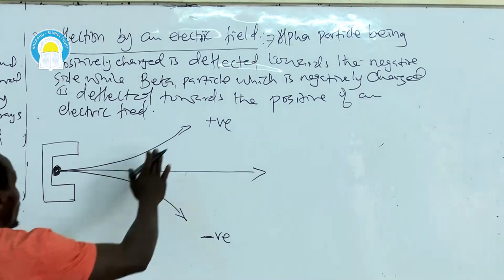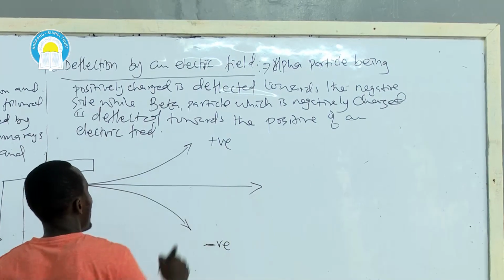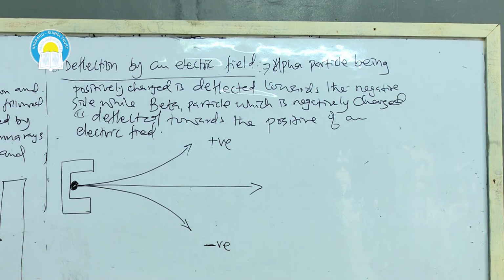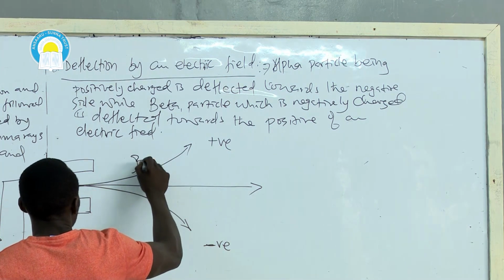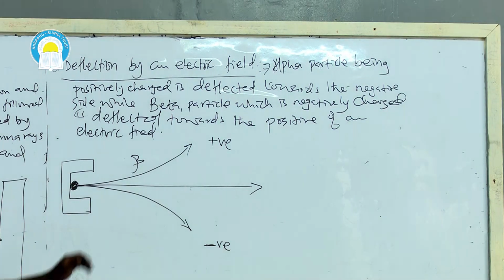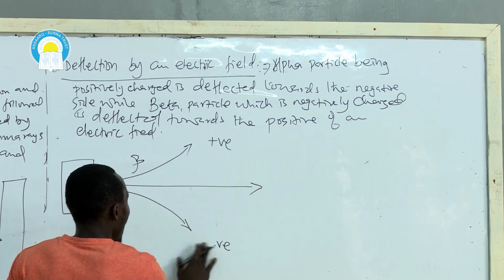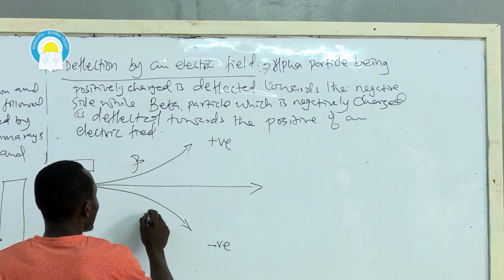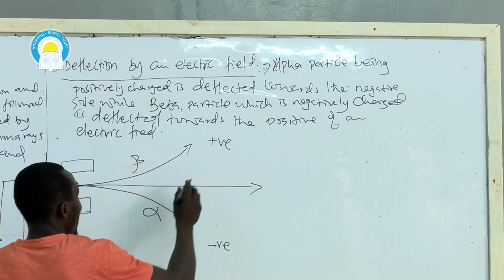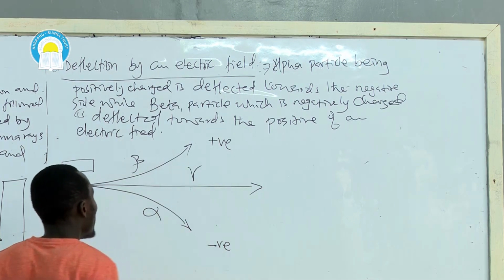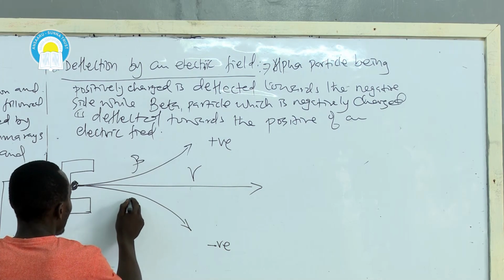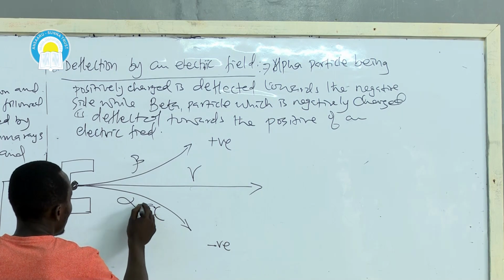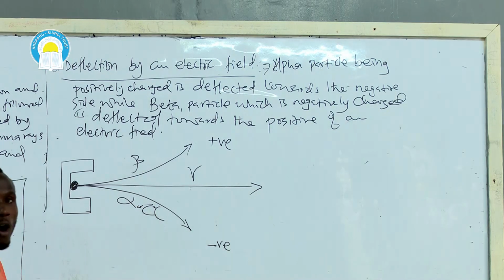The one deflected towards the positive side of the field is the beta particle, since it is negatively charged. The alpha particle, being positively charged, gets deflected towards the negative side. And the one which travels straight represents the gamma rays. And we have said that an alpha particle can be represented that way or this way. So this is the representation of an alpha particle.